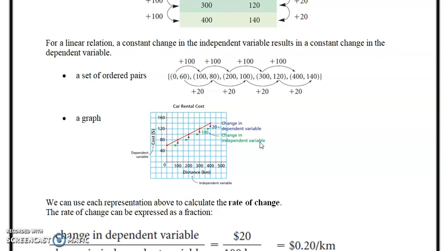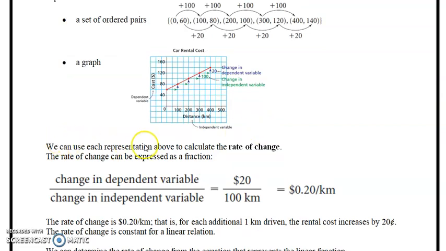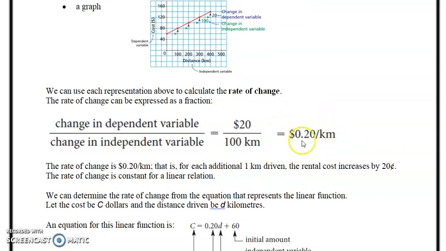Rate of change, you'll take with you through all the courses that you do. We can use each representation above to calculate the rate of change. When I said $20 per 100 kilometers, that's 0.20, I did the division already. So the rate of change is every kilometer you drive, it'll cost you 20 cents. That's what that means.